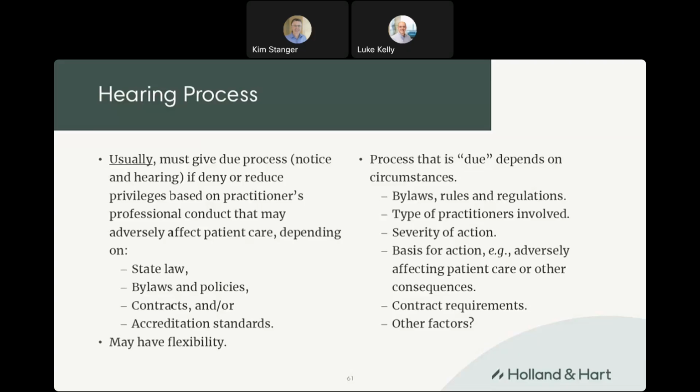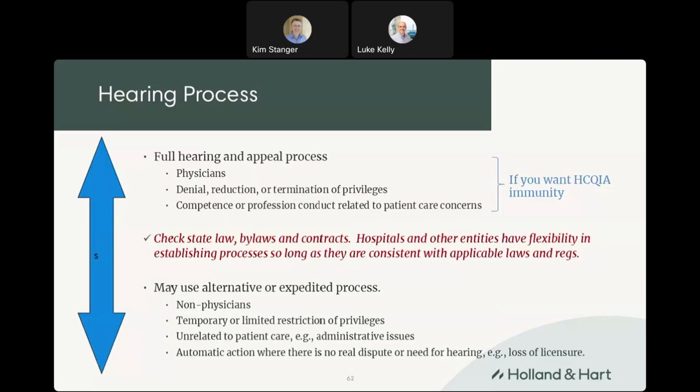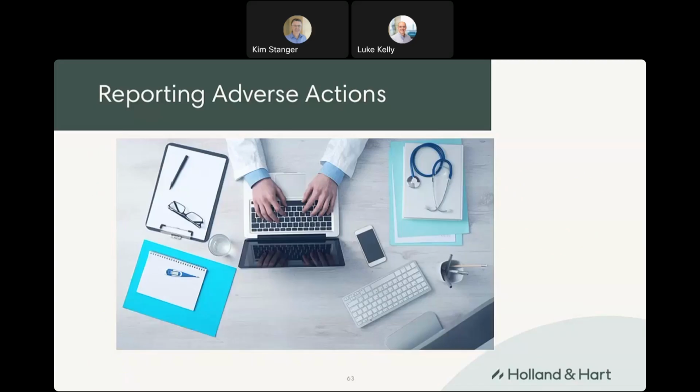If it's just other practitioners, make sure it's consistent with the standards. Note that state law and your bylaws may require due process, but the process that's due depends upon the circumstances. Again, you may not have to give the full hearing process that you would give for physicians to other non-physicians. You may want to consider what your bylaws require and what your state law requirements are, and set up different processes depending upon the particular circumstances.